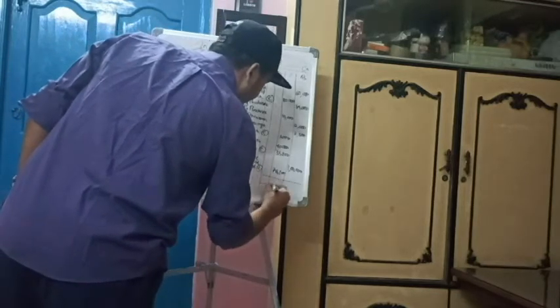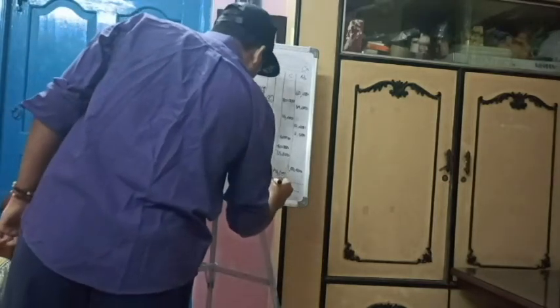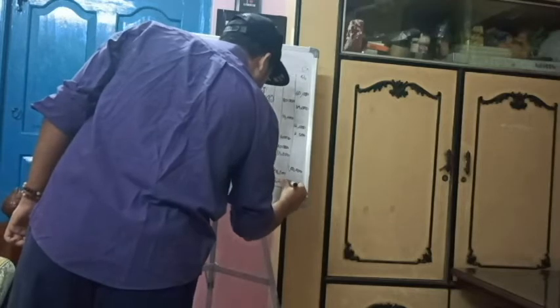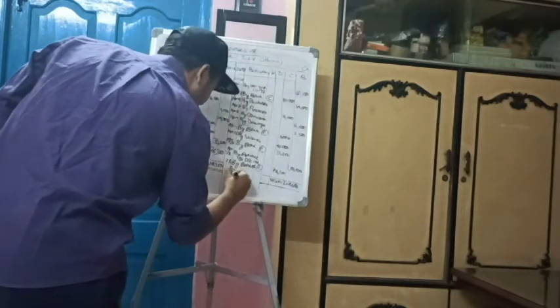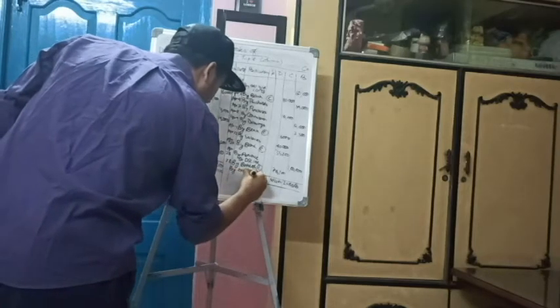The bank account would be tallied, but the balance c/d would be there. For cash, the balance is 52,700.